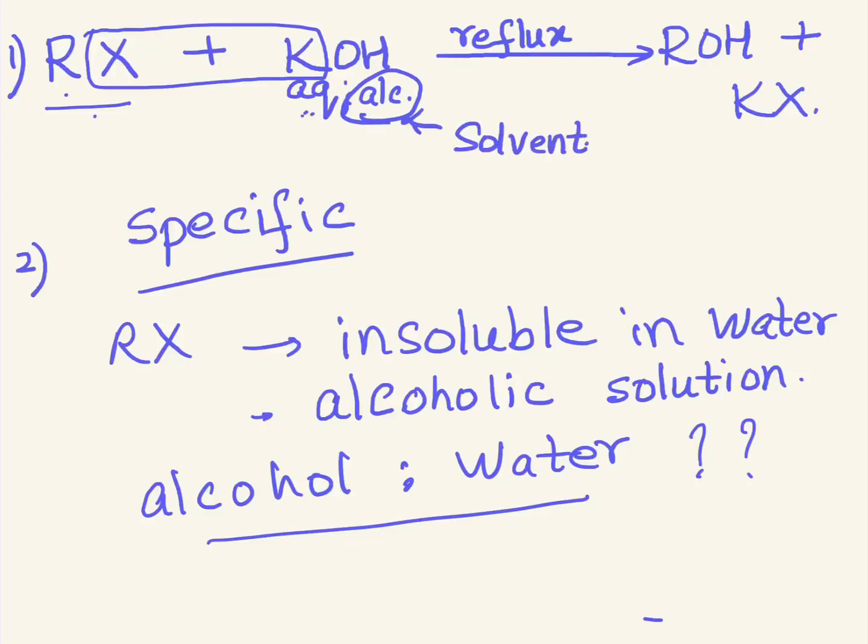It is not participating in the reaction. If it was participating in the reaction, then we would have a different product entirely, right? So go ahead, write the reaction of alkyl halide with aqueous KOH. Go ahead, write the reaction of alkyl halide with aqueous NaOH, so aqueous alcoholic NaOH.